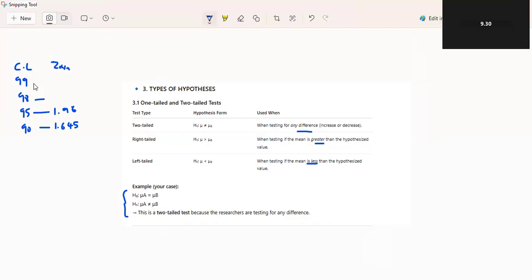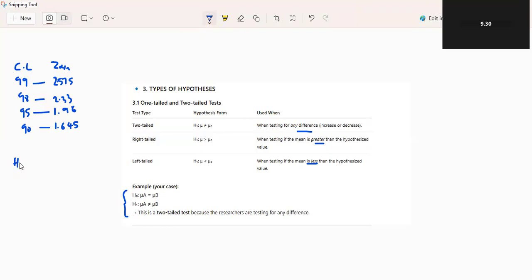About 98, what's our Z value? That's 2.33. Okay. Then what is the Z for 99%? 2.575.